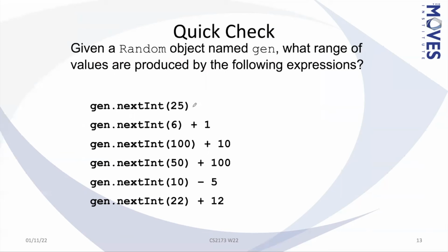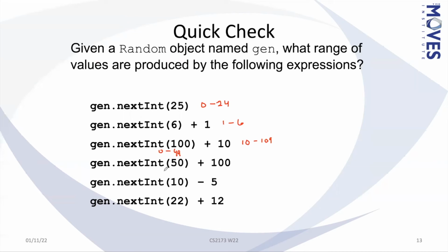So what range of values? nextInt would produce something between 0 and 24. Okay, nextInt(6) plus 1 would be between 1 and 6. Okay, nextInt(100) would be between 0 and 99, and add 10 to it, so that would be between 10 and 109.